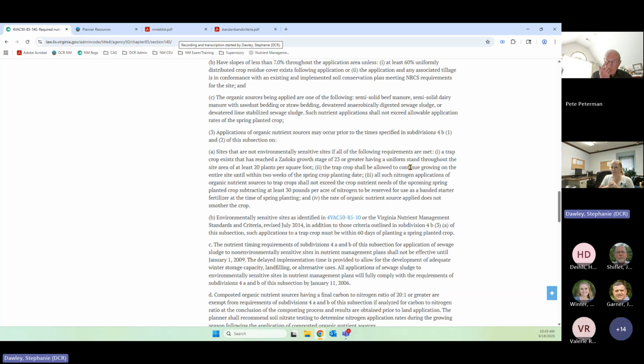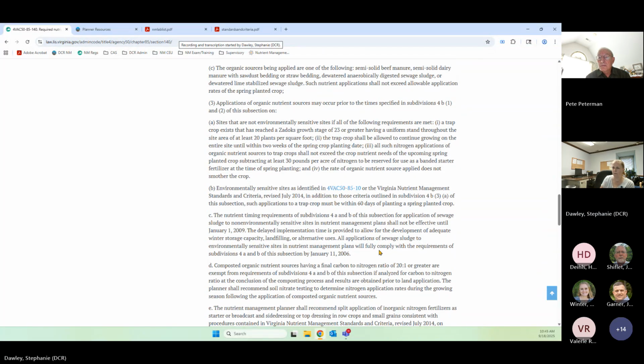But based on our regs, you don't have to split your nitrogen unless it's environmentally sensitive, but we tend to recommend splitting it as a good planning practice. And a lot of cost share programs are working for that too.